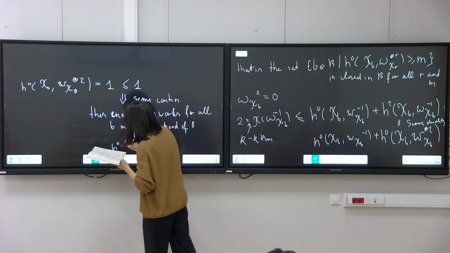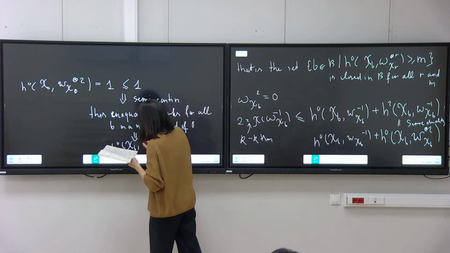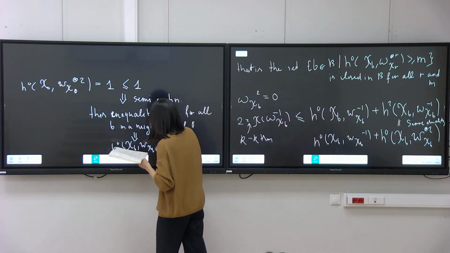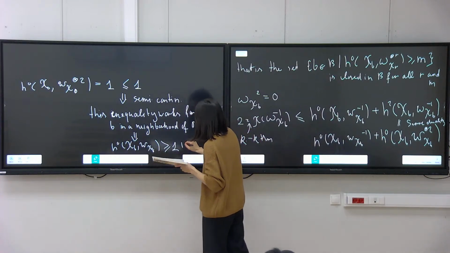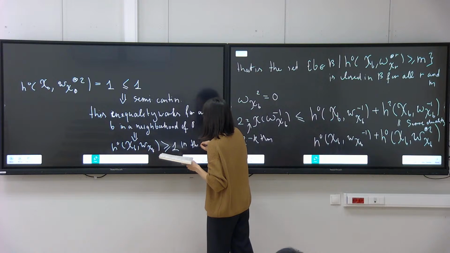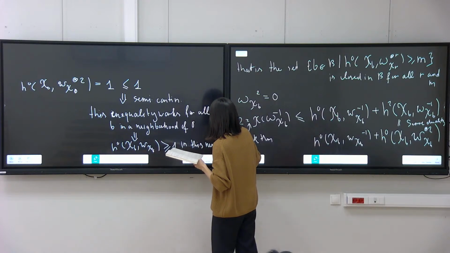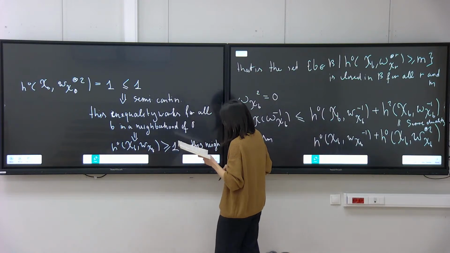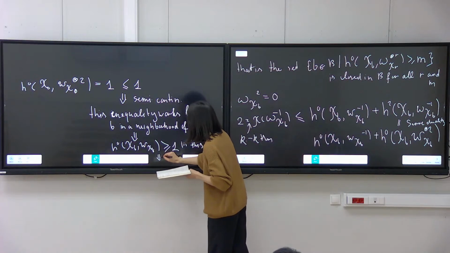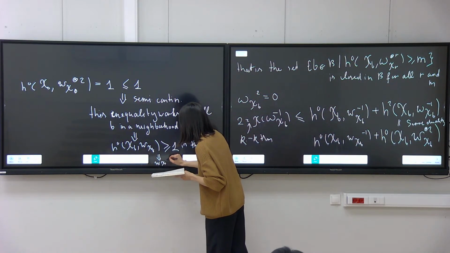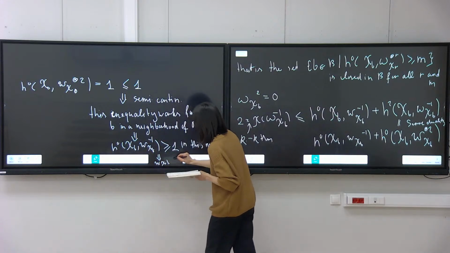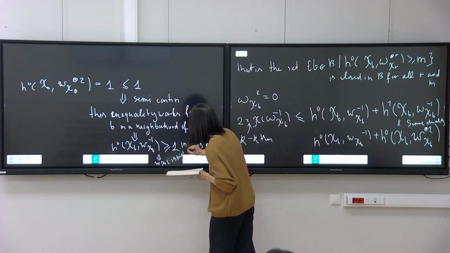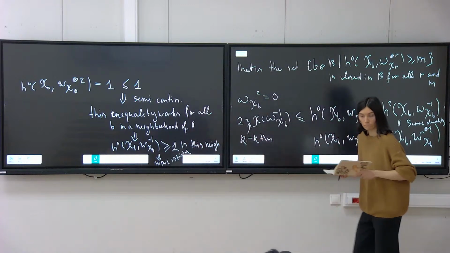So from this we obtain that this should be greater or equal to 1. So we obtain that this is trivial. Okay? Can I write something here?